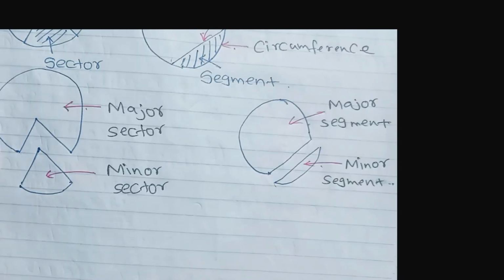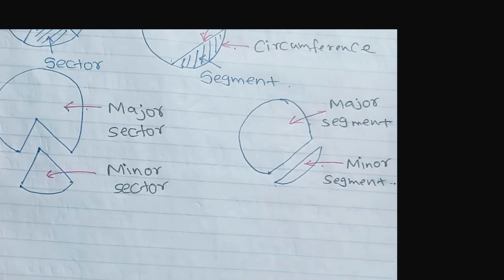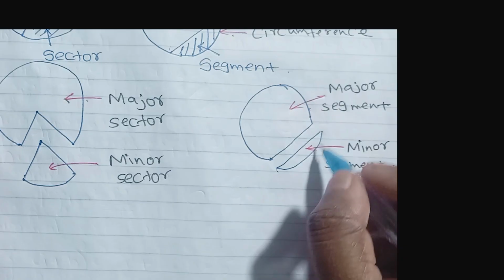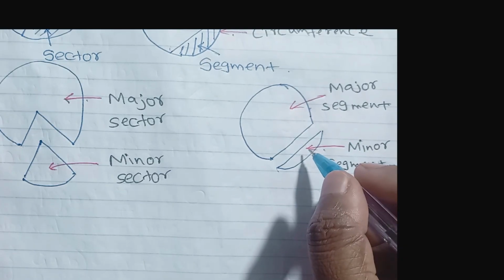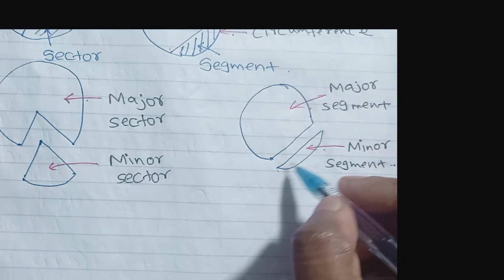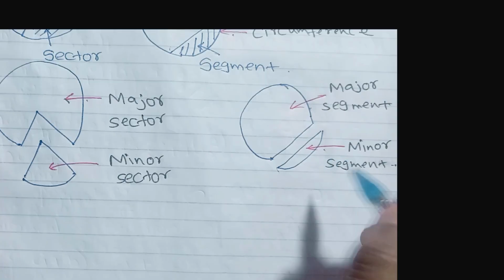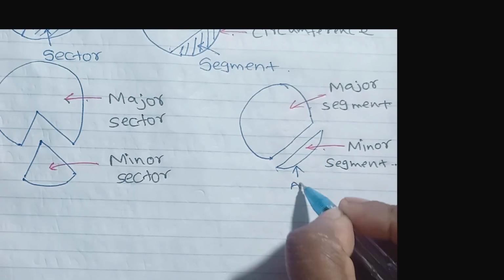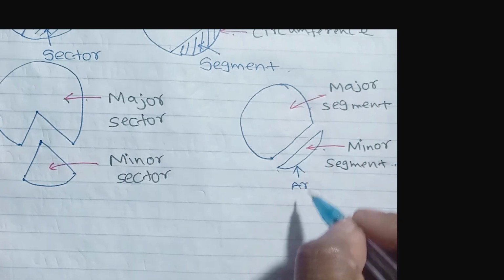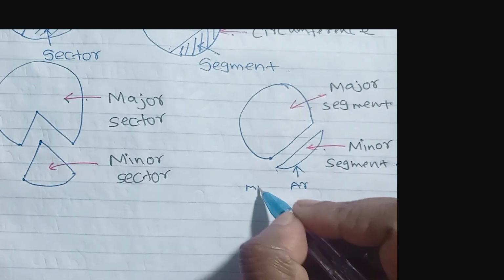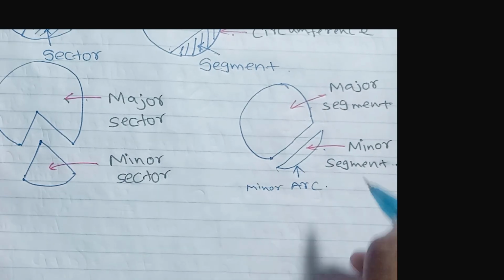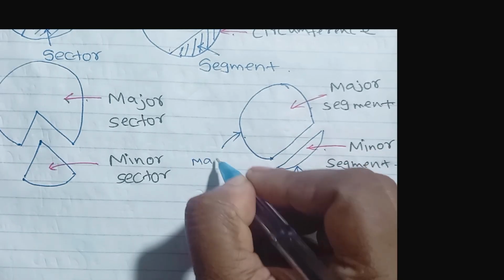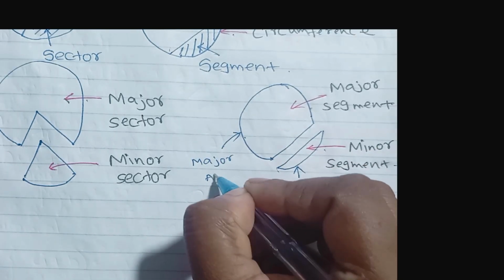And we can divide again: the small circular line is called the minor arc. So this small curved line is called the minor arc, and the large one is called the major arc, right?